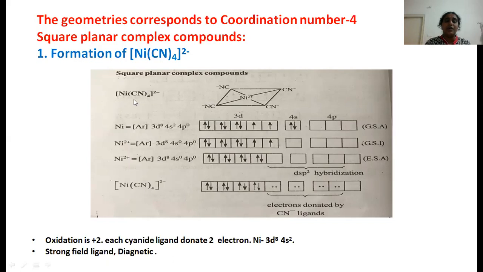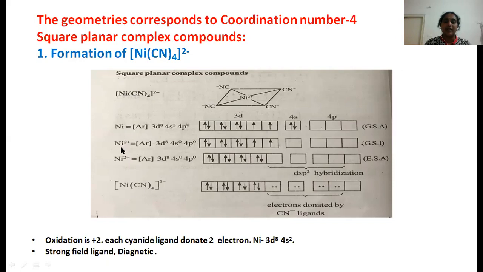For example, in this complex, nickel tetracyanide, nickel's atomic number is 28. So nickel's electronic configuration is 3d8 4s2. In this complex, because four cyanides are present, giving 4 minus, and the overall charge is 2 minus, x minus 4 equals 2 minus, so nickel gets a +2 charge.